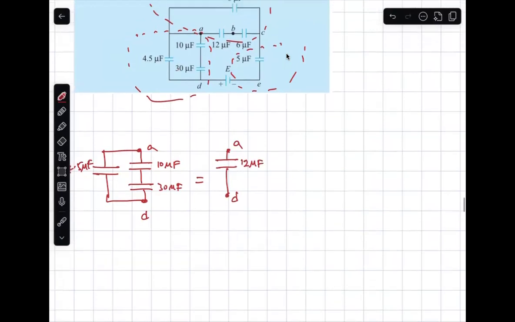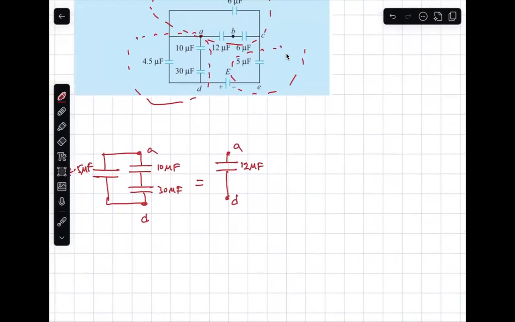Right. Now, similarly, across AC, you have 12 microfarad, 6 microfarad. And this is equivalent to how much? AC, 4 microfarad.